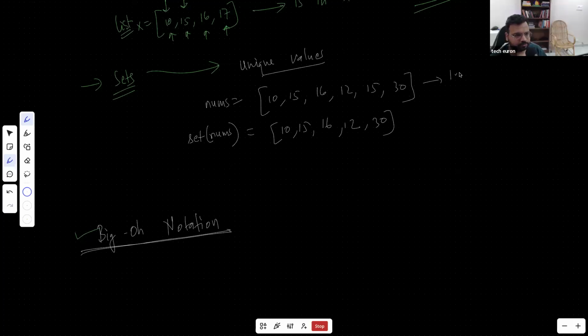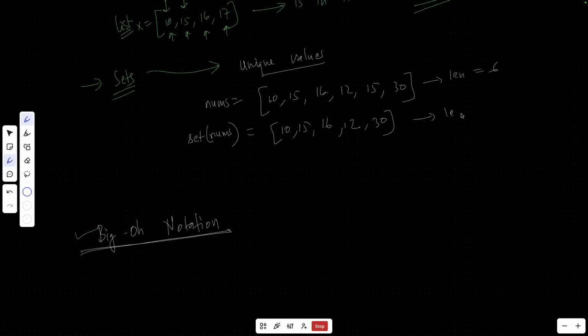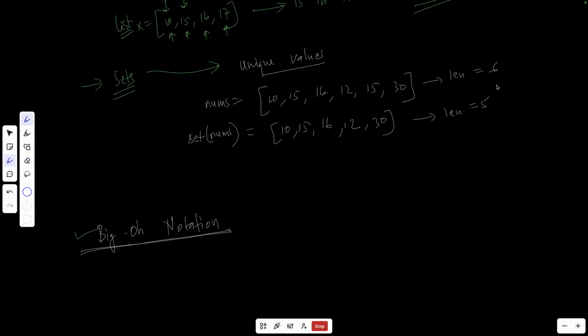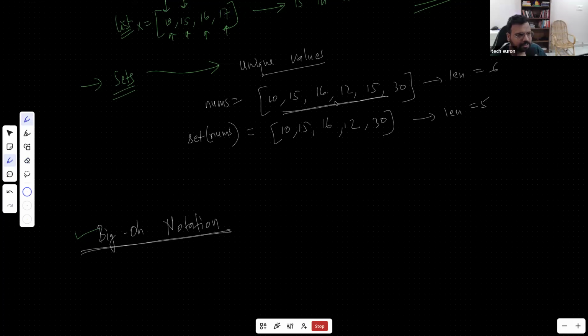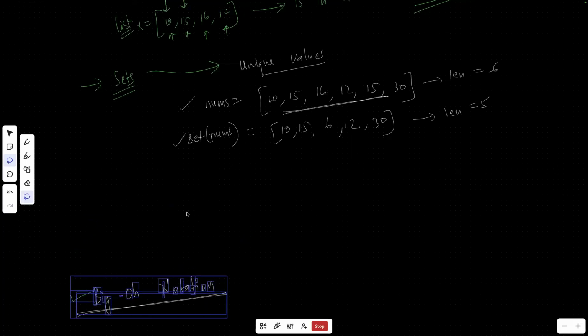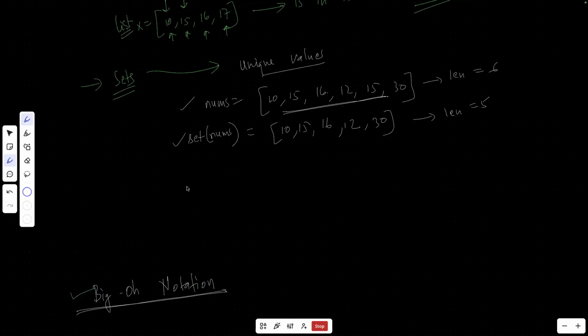So what is the length of nums? 1, 2, 3, 4, 5, 6. And what is the length of the set? 5. Why 5? Because one element was duplicate. But if there were no duplicates, then the length of this and the length of this will be the same.